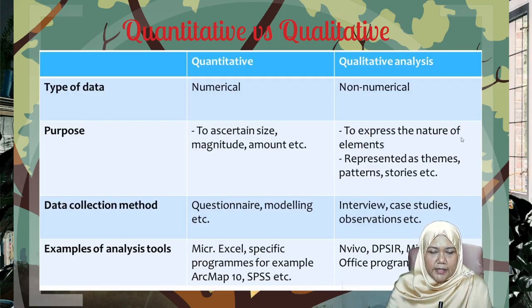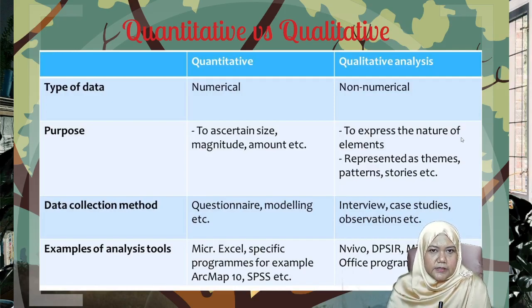Vice versa, if we are dealing with non-numerical data, it is categorized as qualitative analysis, something which cannot be measured and which we cannot put numbers on. So perhaps like text, documents, behavior, something like that, is considered qualitative analysis.